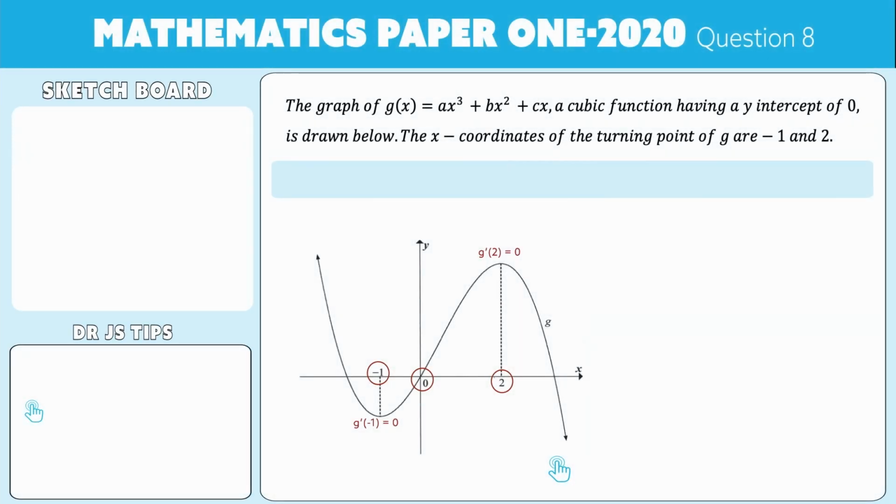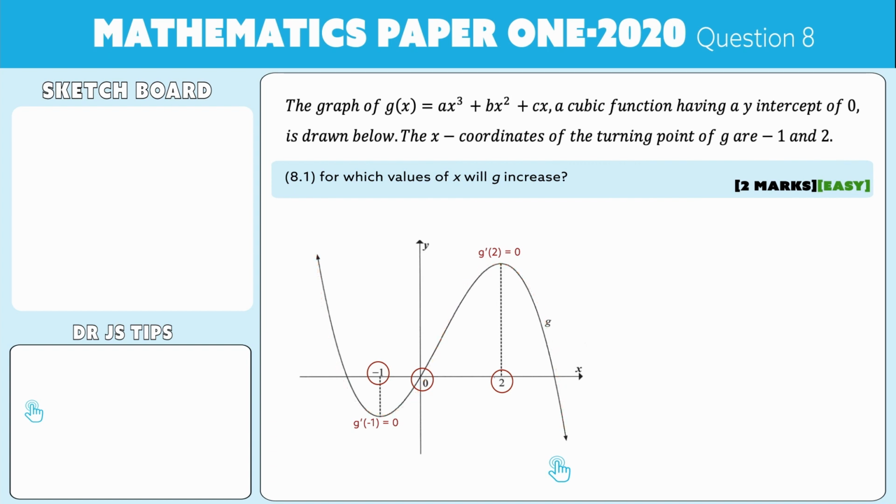The very first thing is they ask us to find the x values for which this graph will be increasing. Now remember, what did we have? We had the graph coming down, going up, and coming down.